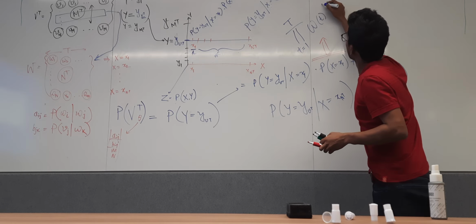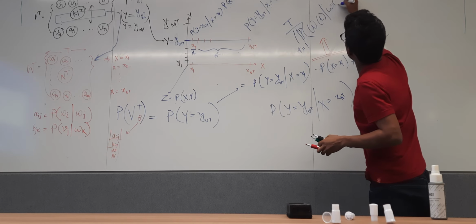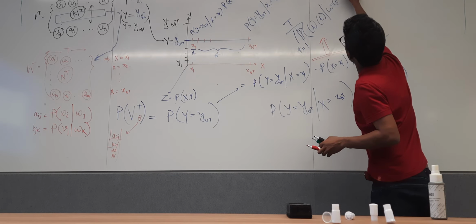So P of omega t given it was in omega t minus 1.